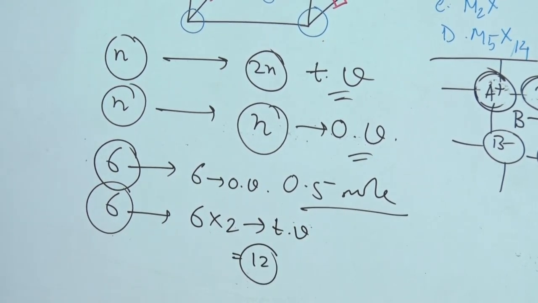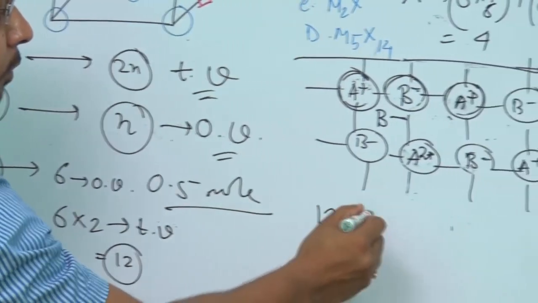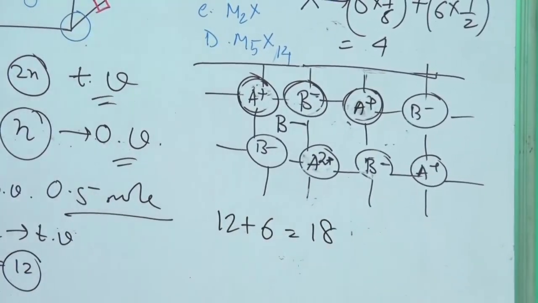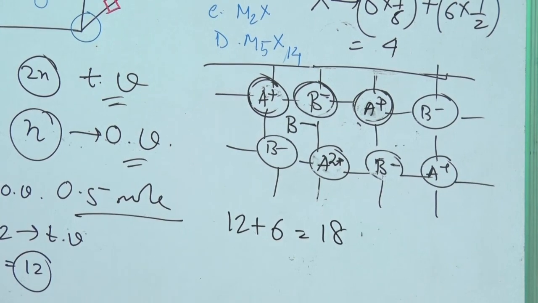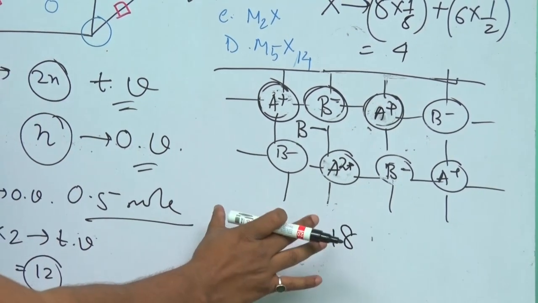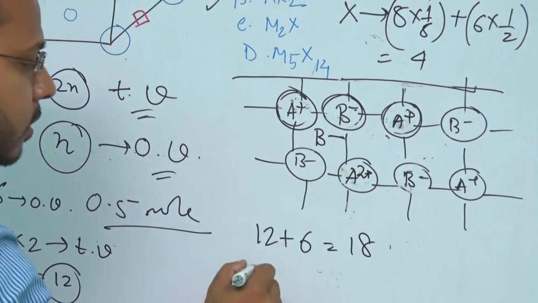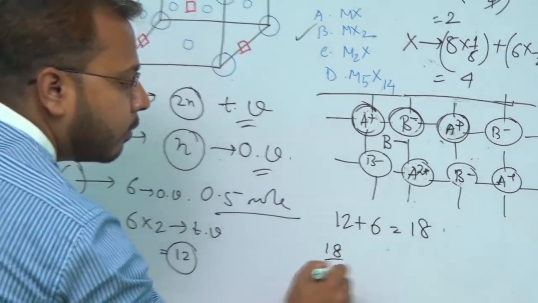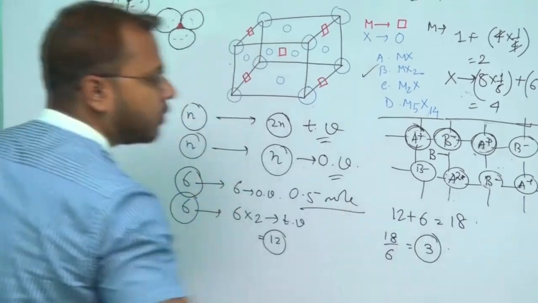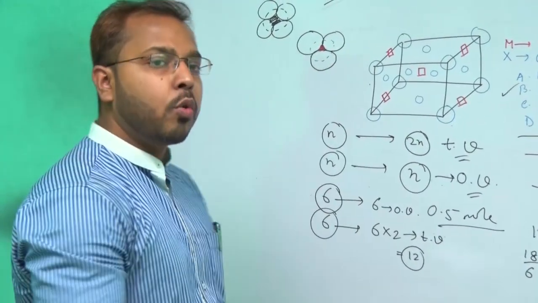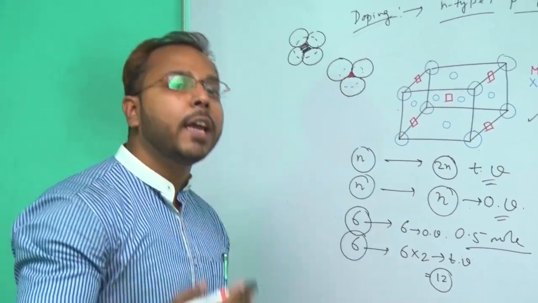So the total number of voids becomes how much? The total number of voids becomes 18. Okay. So 18 voids are formed by 6 atoms. So per atom the voids will be 18 by 6, that is 3. So 1 mole compound contains how many atoms?